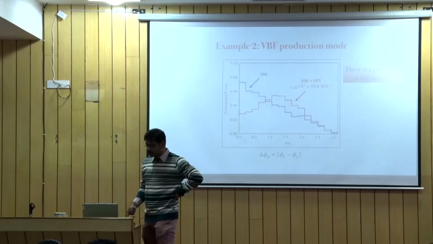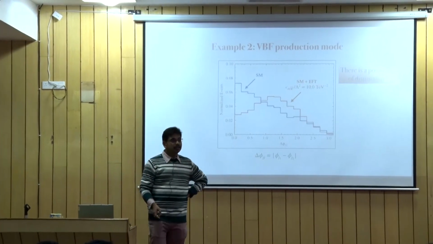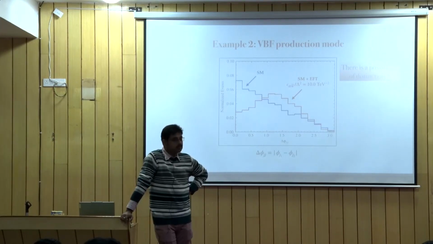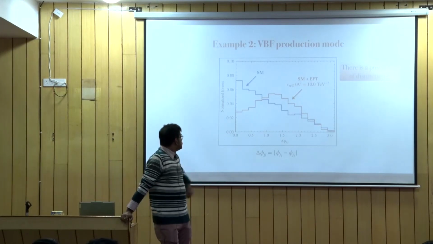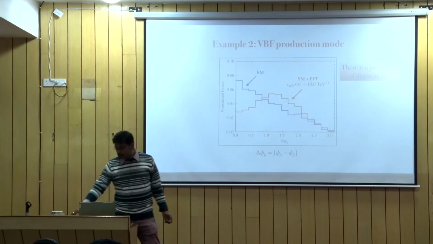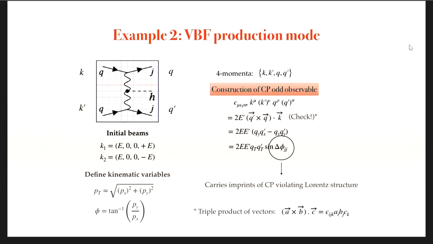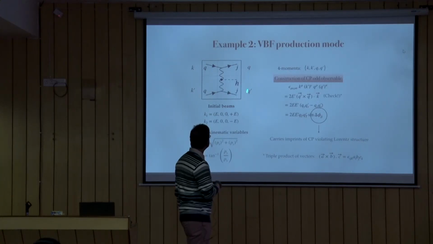So your question is whether we can always construct a CP violating observable. True. In principle, the argument for the previous slide was the following: ultimately these are measurables, like the energies of E and E prime, essentially K and K prime, the initial momenta, and the transverse momentum associated with the jets.